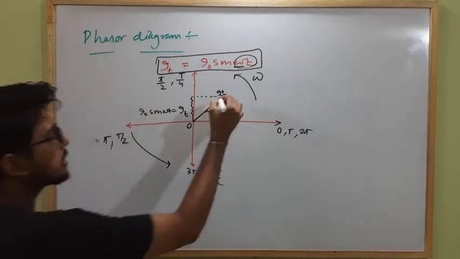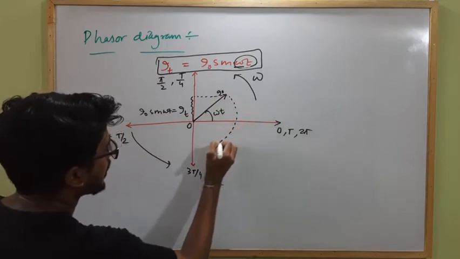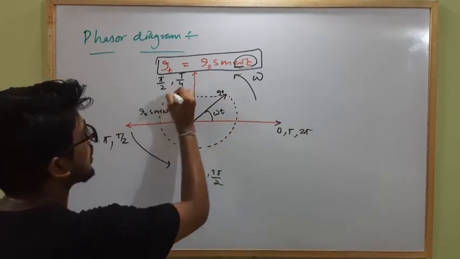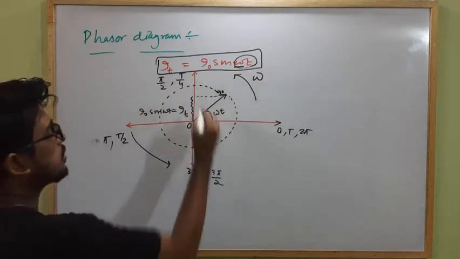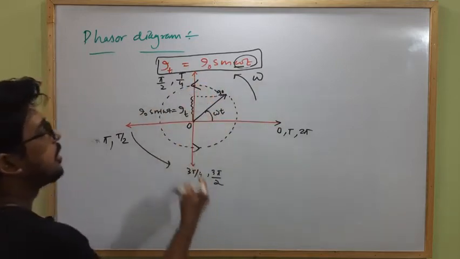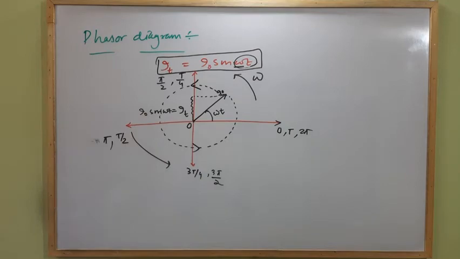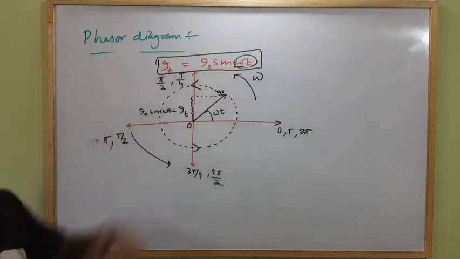Clear? This is the circular path in which the vector is rotating in anti-clockwise direction like this. So this diagram is known as the phasor diagram for the sinusoidally varying alternating current.